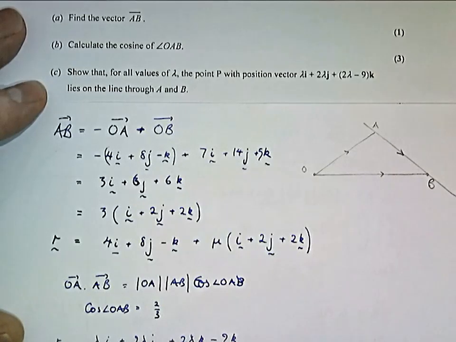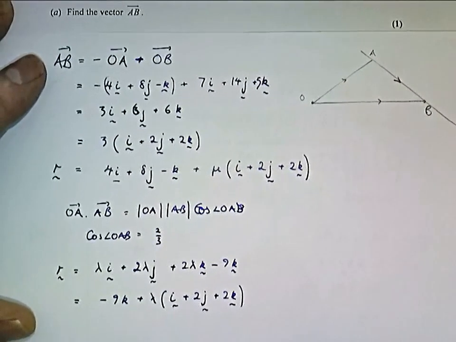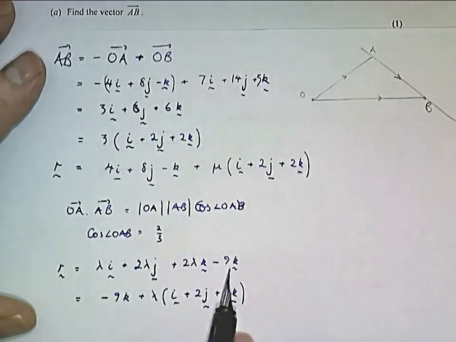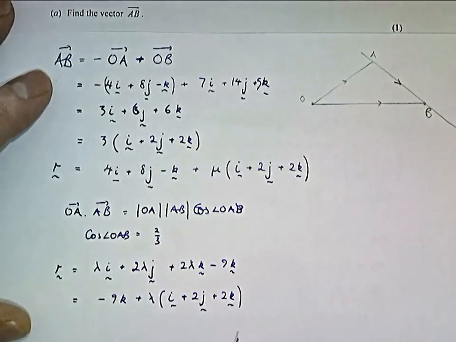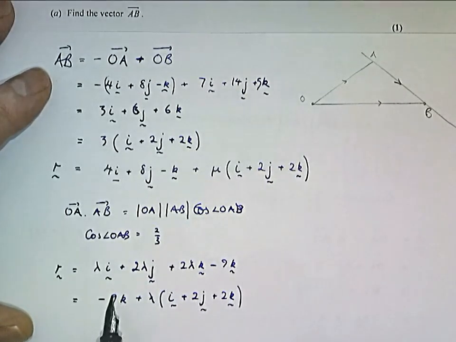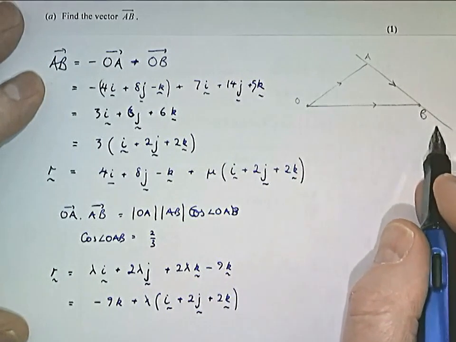So we should recognize that. This must be the same as minus 9k plus lambda (i plus 2j plus 2k). However, can we be sure that this point lies on the line AB? Does it lie on that line?